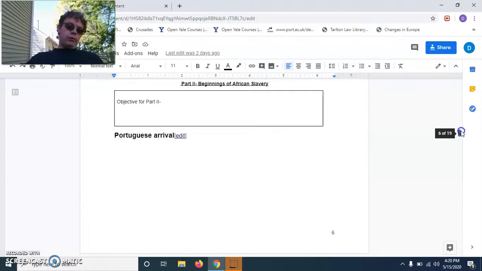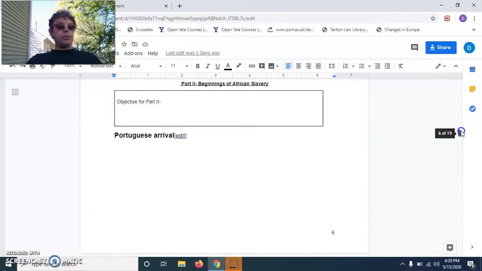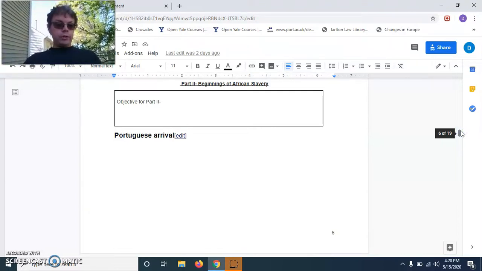As you saw in a lot of your reading and from previous chapters, when the Europeans first came, they got gold, they got a lot of resources, silver from the indigenous people, and then they ended up using the indigenous people as slave labor. Unfortunately, because of diseases like smallpox and just the hard cruelty of slave labor and the fact that indigenous people could escape, they wanted a new source for labor. And that is why they turned towards the west coast of Africa.